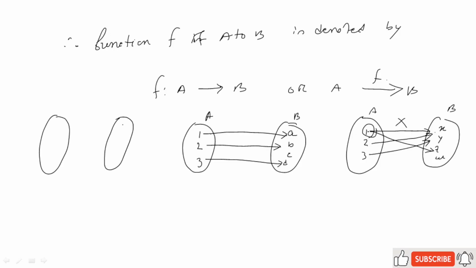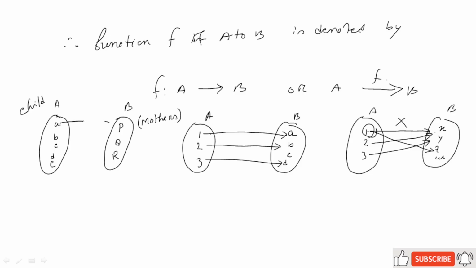Let us take set A and set B. Suppose P, Q, R are the names of some mothers, so this set is mothers, and these are children: A, B, C, D, E. As we know, one mother can have two or more children.